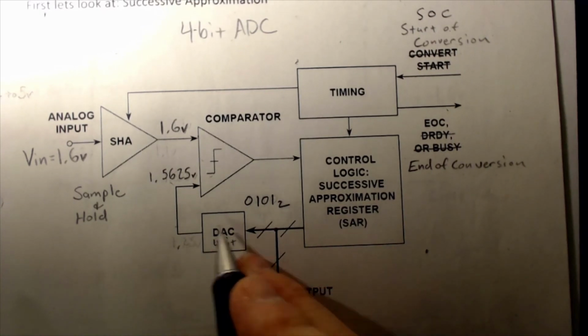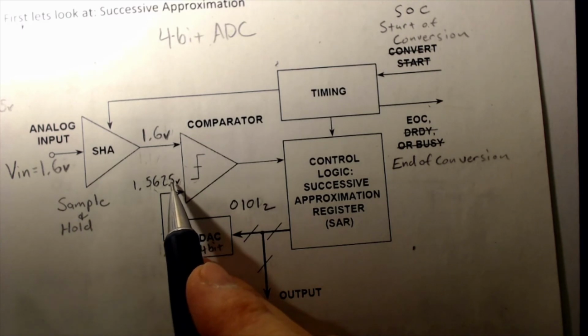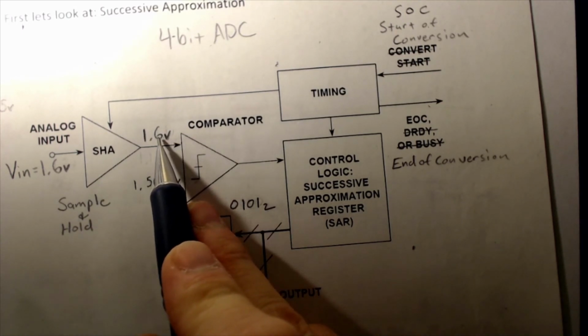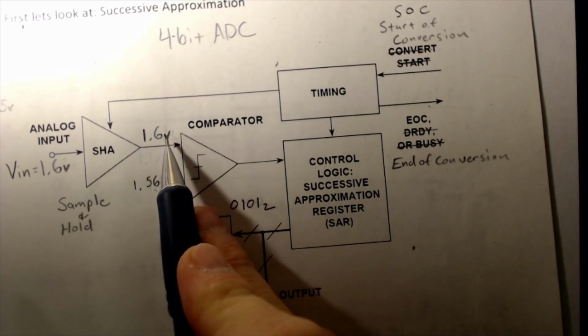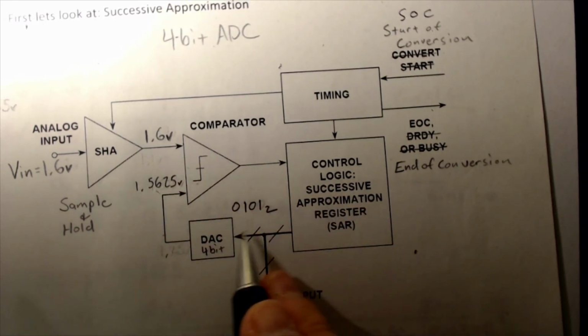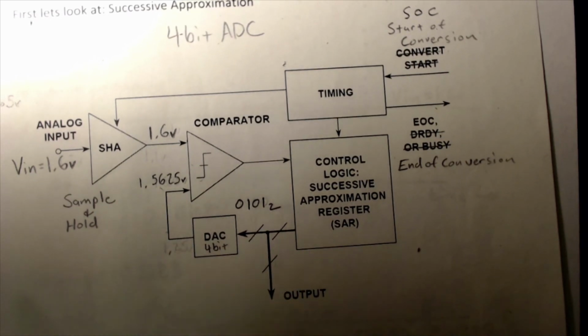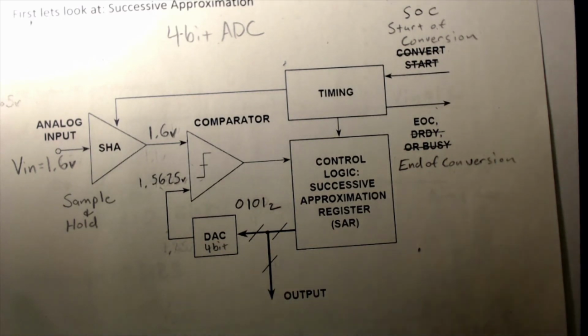We're using the DAC to generate analog voltages. We're comparing those analog voltages to our voltage of interest that we're trying to find, and we find out if it's greater or smaller than it, and at the end of the day, the input to our DAC is the output from our ADC. So that's how an ADC works. At least this type, the successive approximation, or SAR.